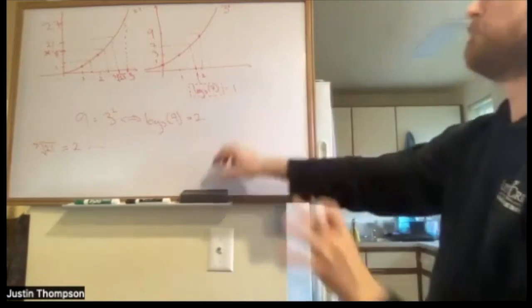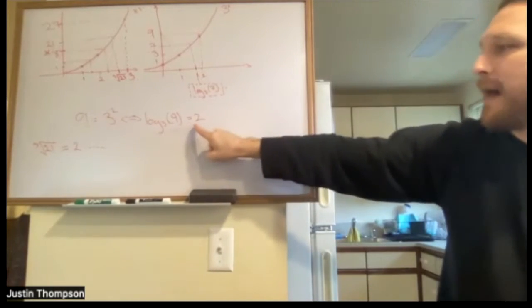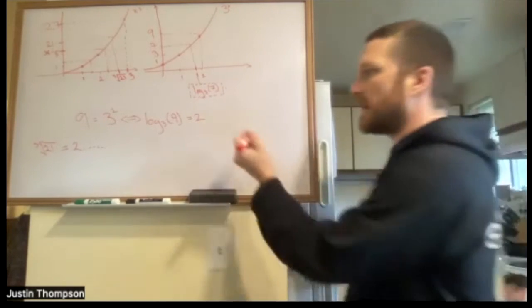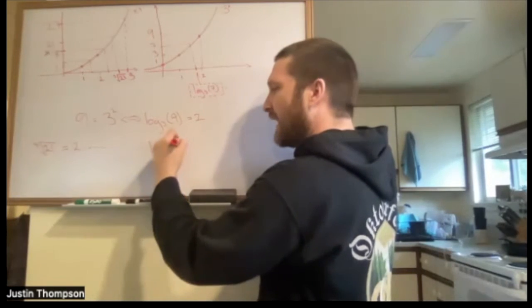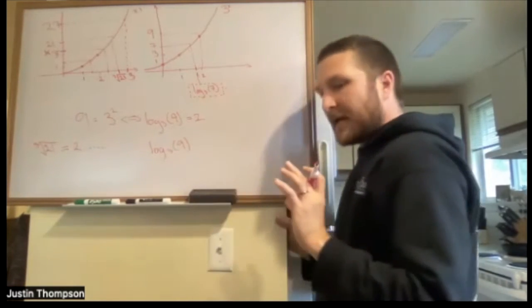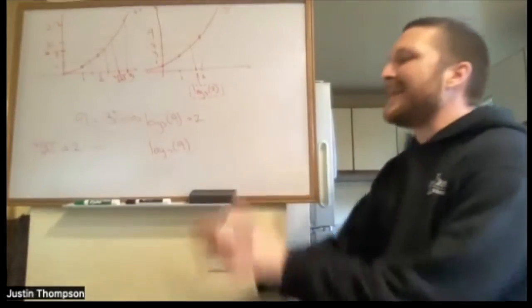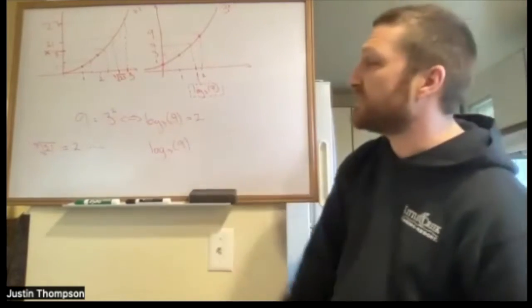It's just a number. This number right here happens to be a nice round number, right? Log base 3 of 9 happens to be a nice round number, and that number happens to be 2.